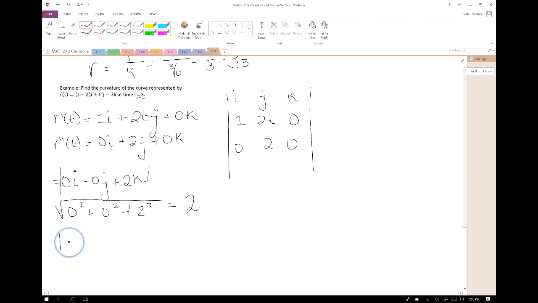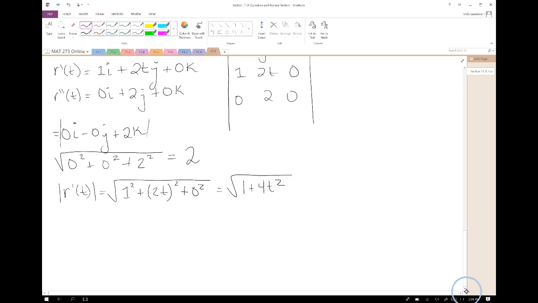The other piece we need is the magnitude of r prime. That gets cubed in the denominator. So we've got the square root of 1 squared plus 2t squared plus 0 squared, which is the square root of 1 plus 4t squared. So curvature is the magnitude of the cross product on top, magnitude of r prime cubed on the bottom.